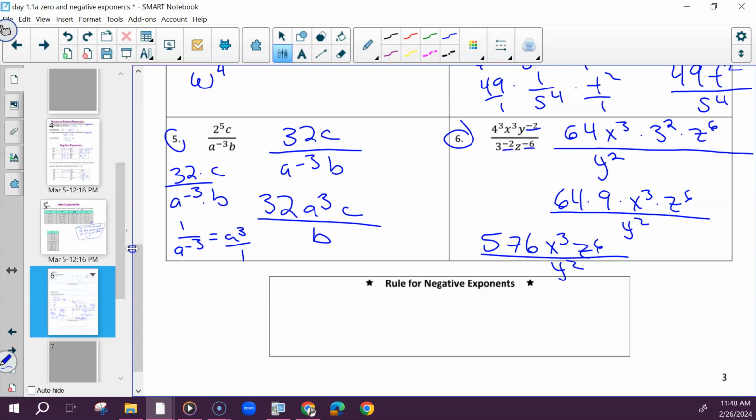So all the negative exponents switch places. If you only had these two in the denominator, those would come up, nothing would go down. If you only had this in the numerator, that would go down, nothing would come up. It depends on what is negative. Other questions there?